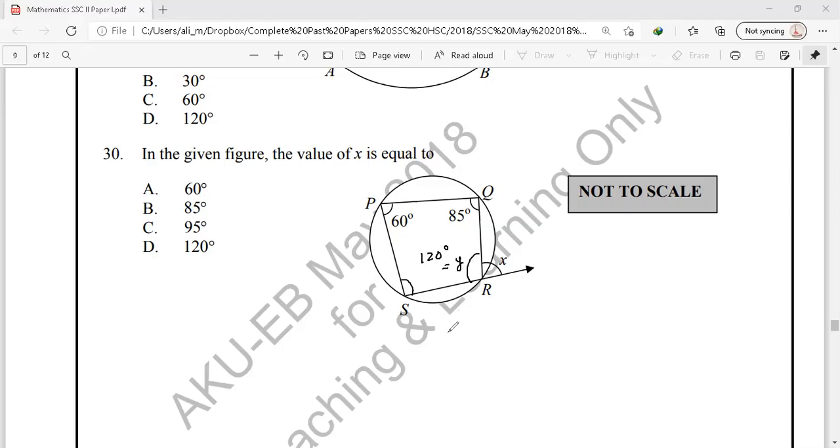Simultaneously, we can see a straight line at point R, and this straight angle is divided into two angles, in which one is 120 degrees and the other is X. We know that the sum of angles on a straight line is 180 degrees. So X would be equal to the difference of 180 and 120, that is 60 degrees. So for the last question, question 30, the correct answer is option A, 60 degrees.